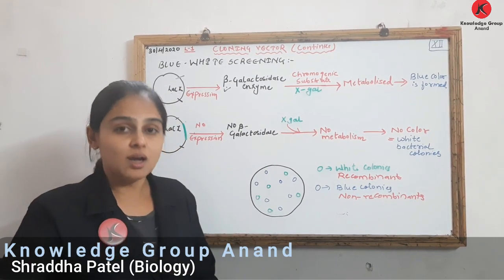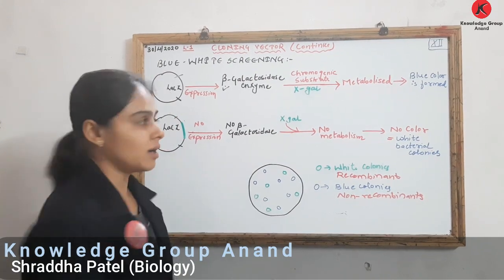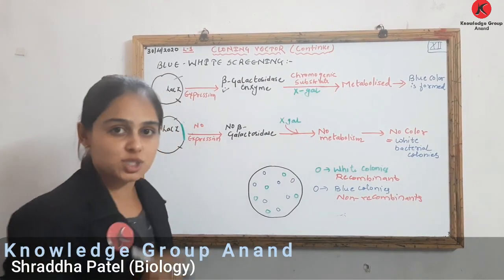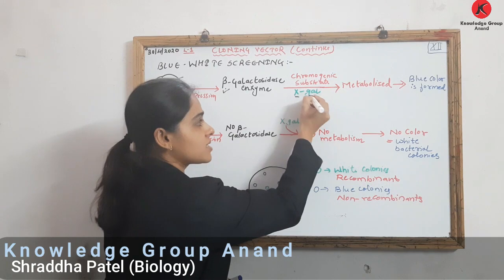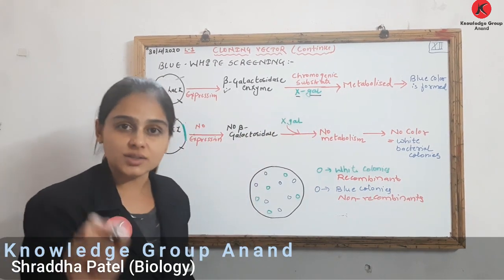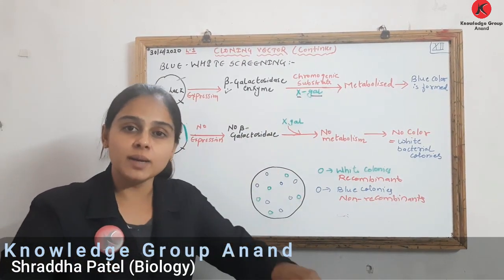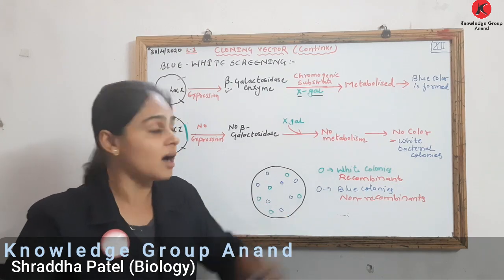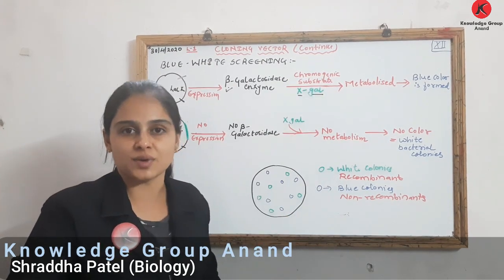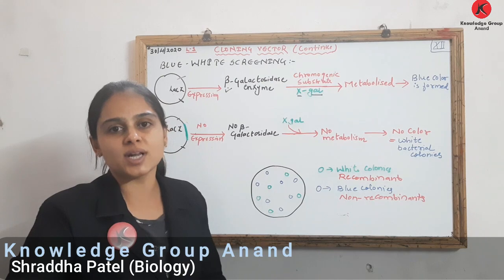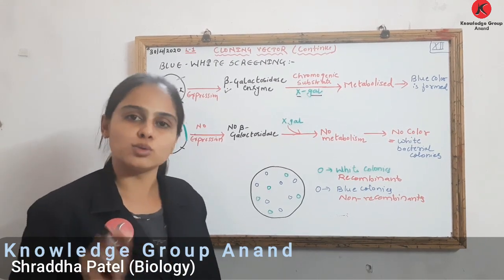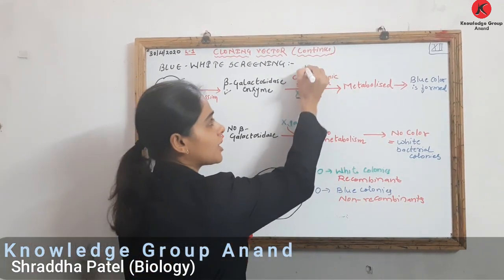लेकिन यहाँ पे we are going to add a chromogenic substrate जिसका नाम है X-gal. Instead of lactose, हमने मीडियम में क्या ऐड करा? Your chromogenic substrate. क्रोमोजेनिक सबस्ट्रेट का मतलब the substrate which produces color. ओके, क्रोमोजेनिक का मतलब क्या होता है?